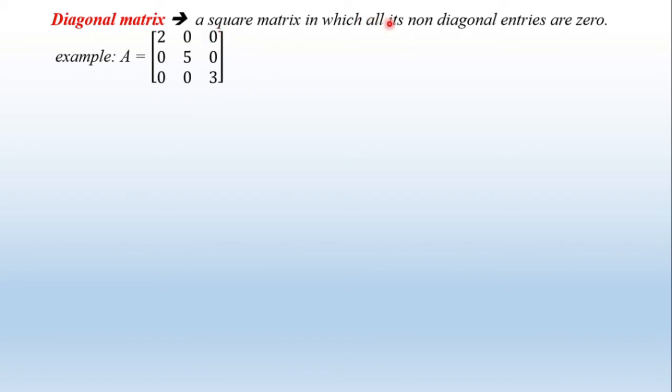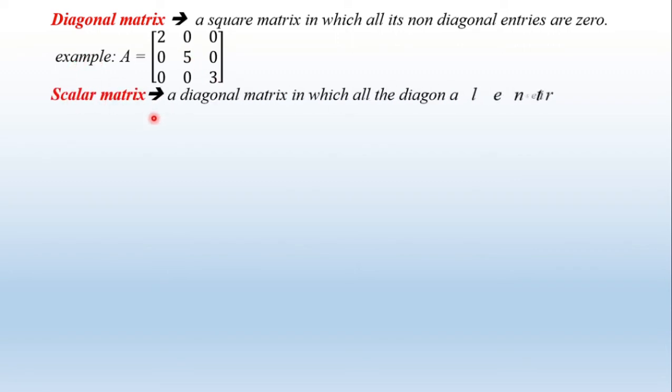So a matrix in which the non-diagonal entries are 0 is a diagonal matrix. ከdiagonal ውጭ ያለው ነገር በሙሉ 0 ከሆነ diagonal matrix ነው ማለት ነው. ቫልዩ ያላት ሌላው 0 ነው. diagonal matrix እንለዋለን.